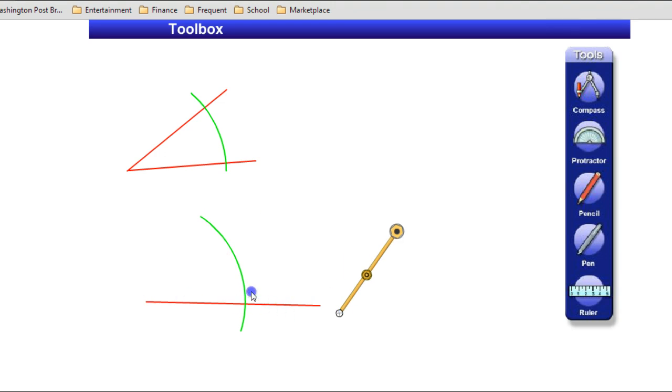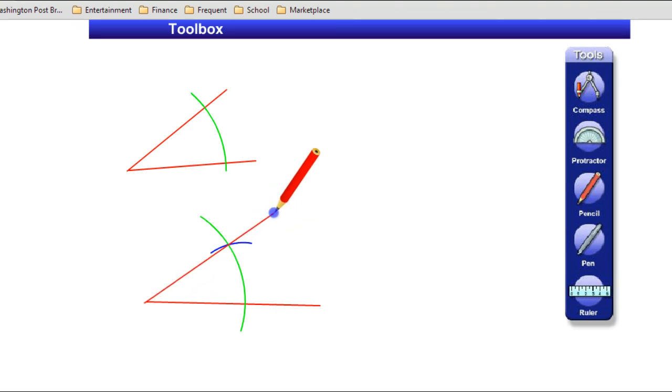I have one side, I have no idea where to draw the other side. So the way I learn where to draw the other side is I take my compass and I measure from intersection point to intersection point. Okay, so then if I take that down here and I make a little arc right here, then that is what shows me where to draw the other side of my angle.